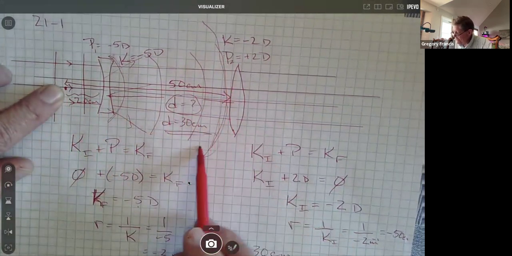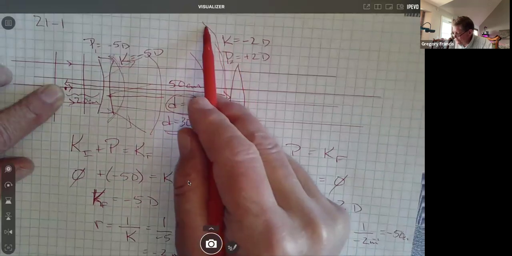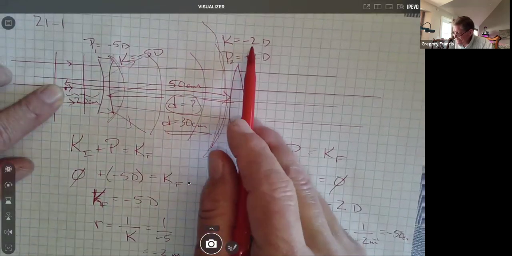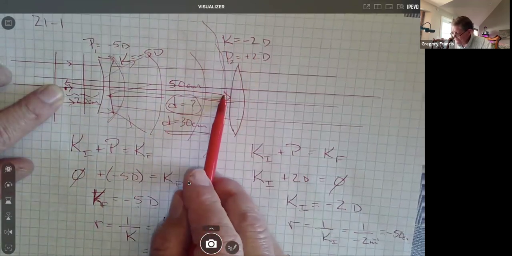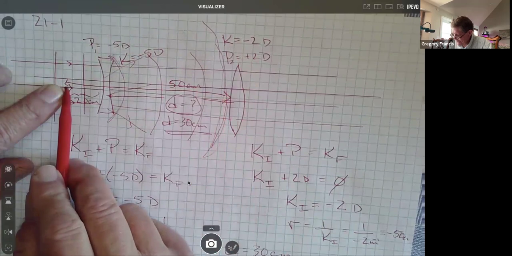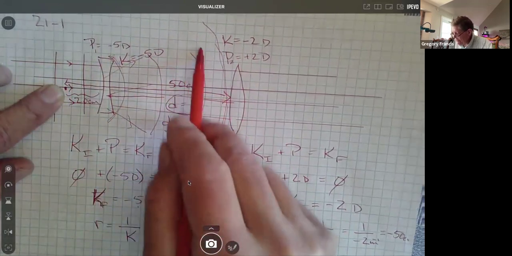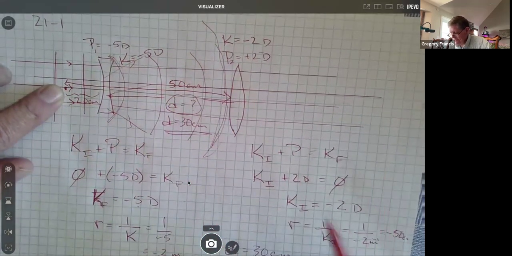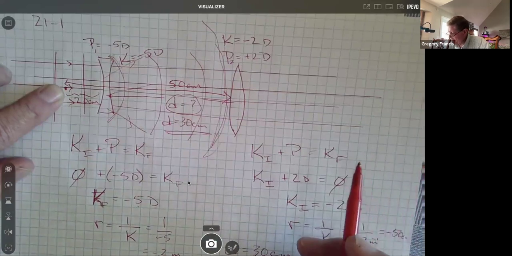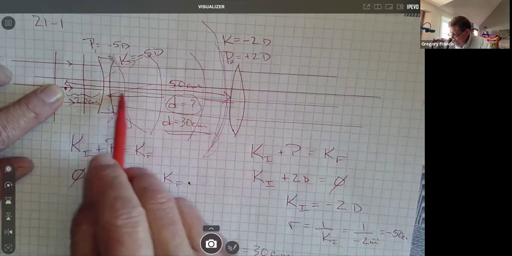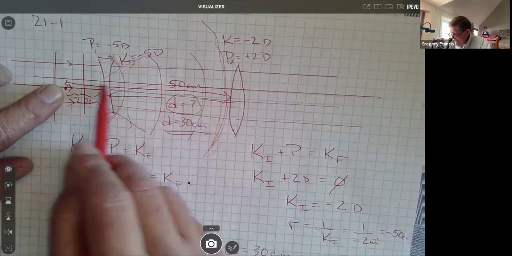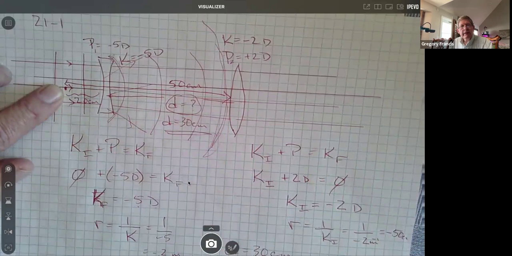When it gets over here, it has a curvature of -2. Again, that means that it's part of a circle that has a center 50 centimeters behind. And because these are part of the same circle, not the same circle, but the same center, this has to be 30 centimeters to make that 50 centimeters.